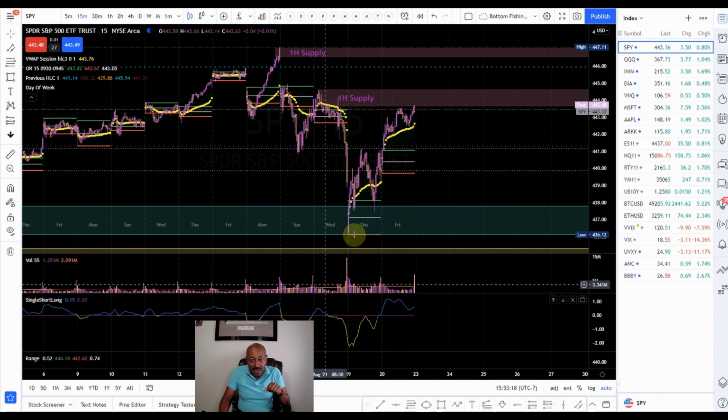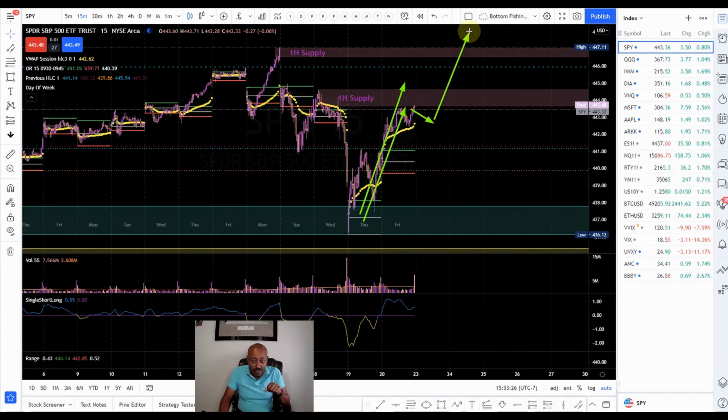So when price comes to a headwind, it could go through it, or it could stall and then go through it, or it could reverse from there. Any of this could happen. But we are not waiting for the reversal. We're trading with the trend.